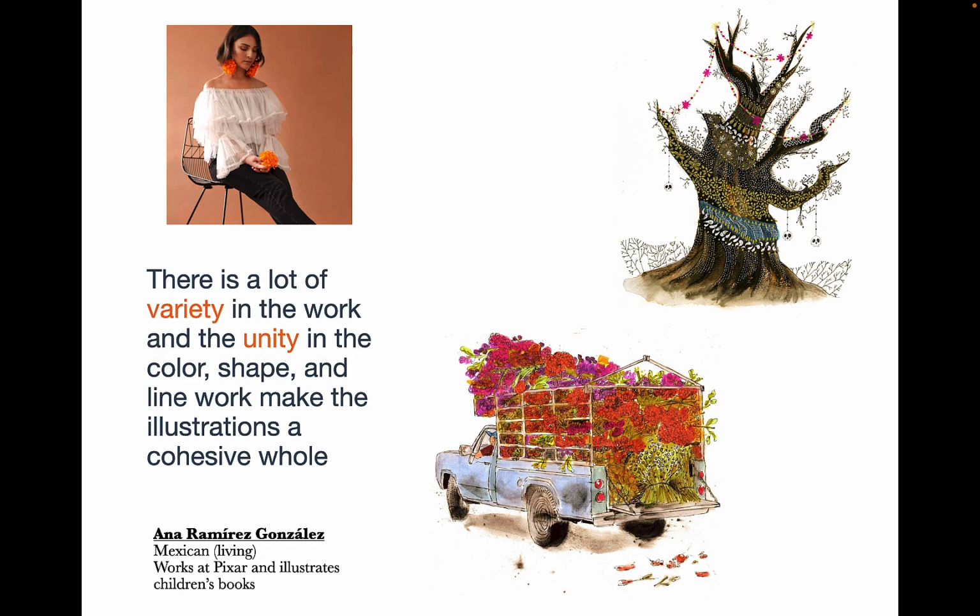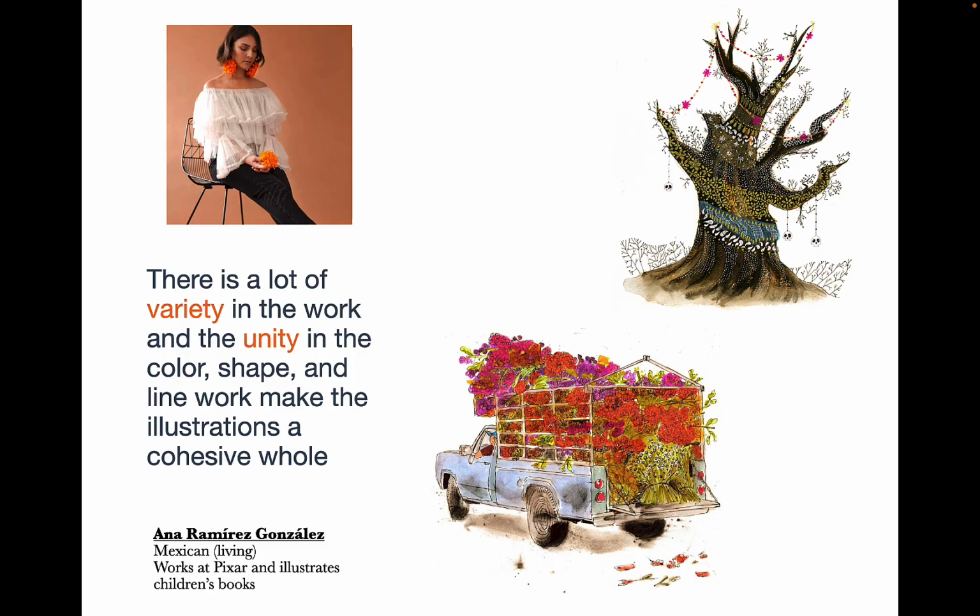This is a Mexican artist still living, Ana Ramirez Gonzalez, and there's a lot of variety in the work. So there's a lot going on, a lot of detail in these illustrations, but then the unity of the color scheme or the line work and the shape brings it together and makes it a cohesive whole.